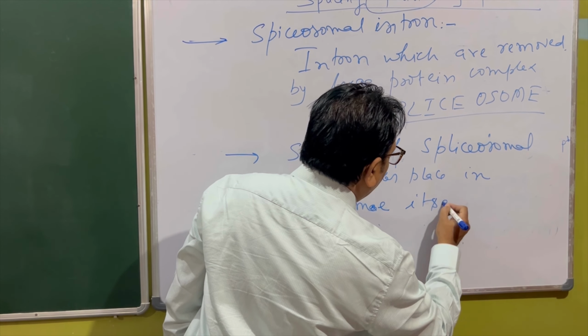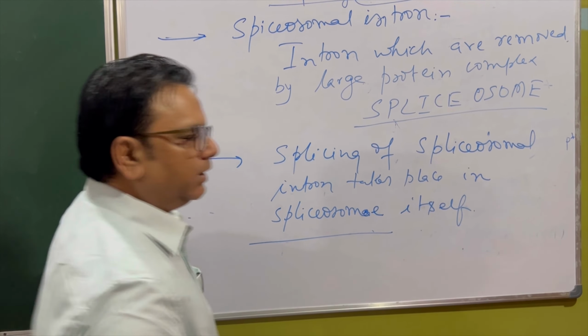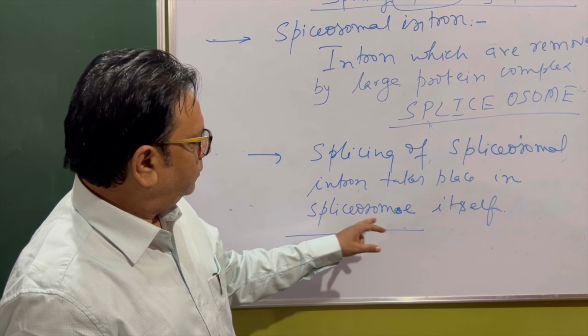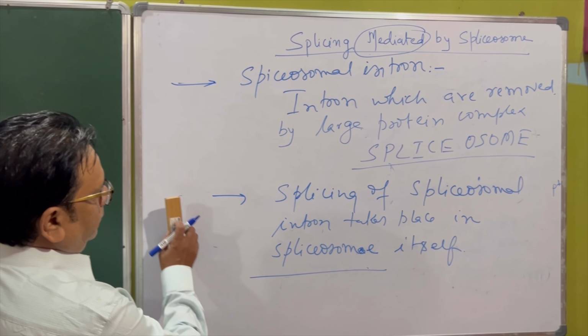That is, all the process of this splicing will take place in this particular complex. What do you call it? You call it spliceosome. Okay. So this is all about spliceosome.